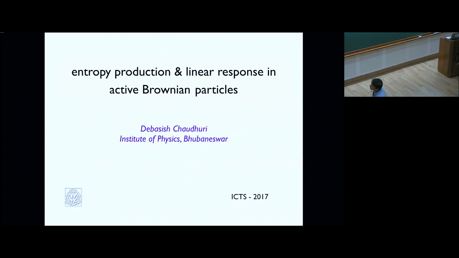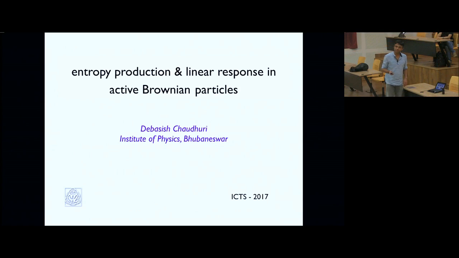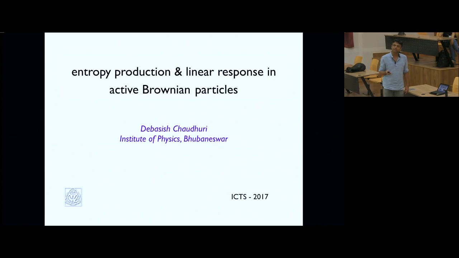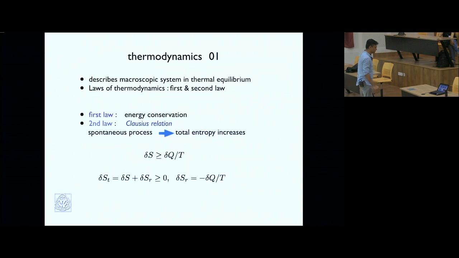Anyway, so I'll be talking about entropy production and linear response in active Brownian particles. So I'll introduce what systems I have in mind, but before that, a little bit of recap of thermodynamics. So first, we know the first law and second law of thermodynamics, so energy conservation, and then in the macroscopic second law, we know the entropy production of the system plus reservoir.